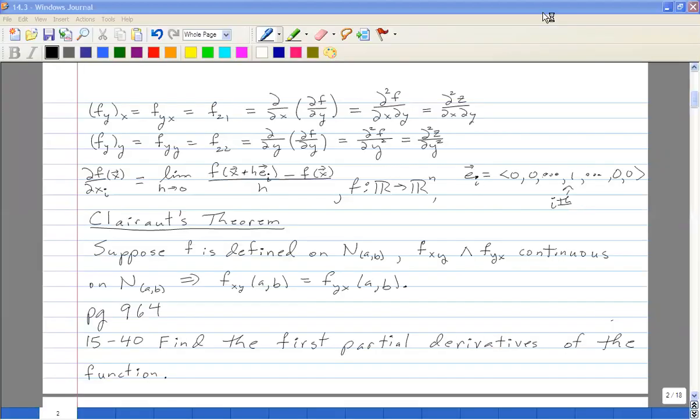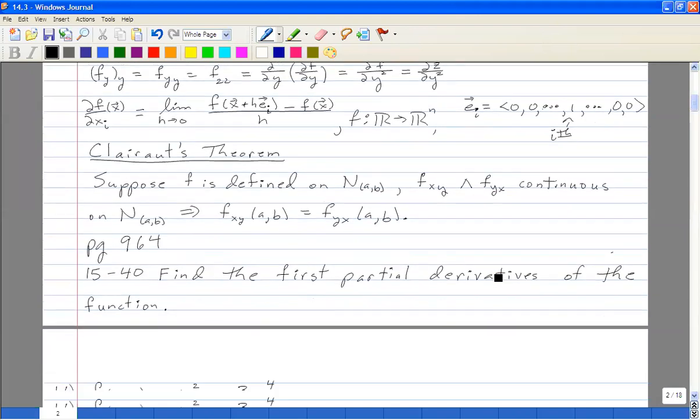Suppose f is a function of 2 variables, and it's defined on a neighborhood of the point (a, b), and both the partial of f with respect to xy and the partial of f with respect to yx are continuous on this neighborhood.